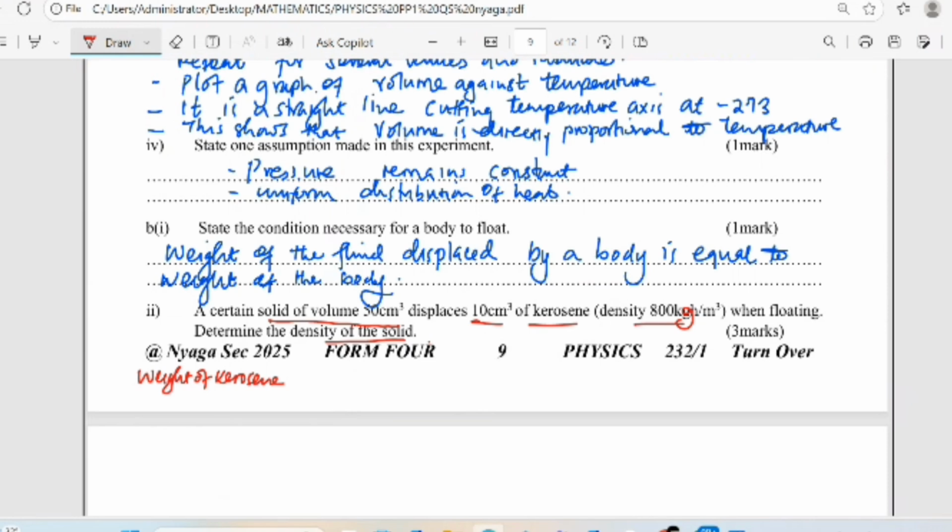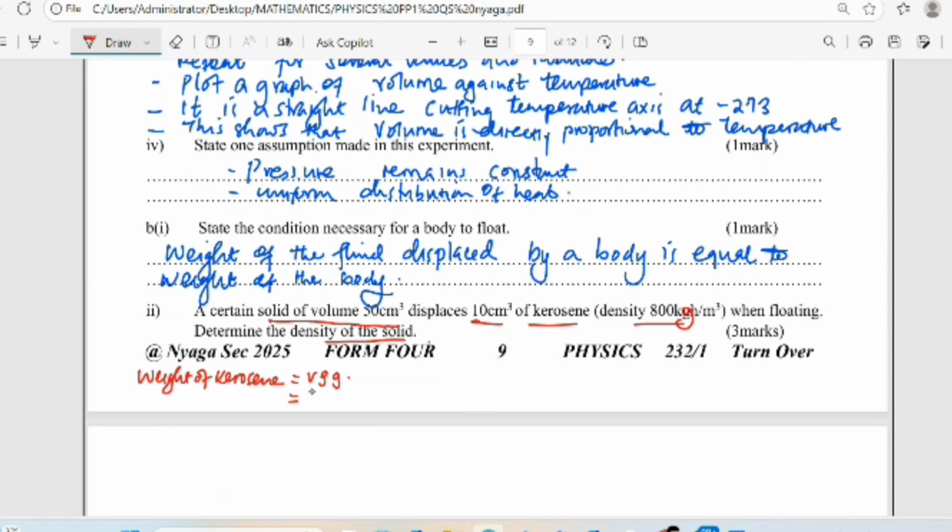This will be given by volume times density times g. So what is the volume of the kerosene that is displaced? It is 10 cubic centimeters. If we work in SI units, then we divide by a million.